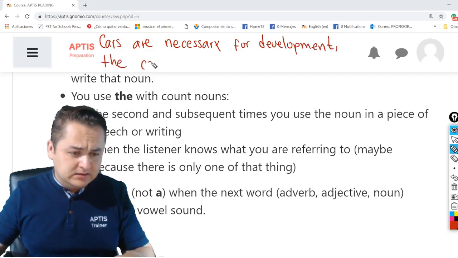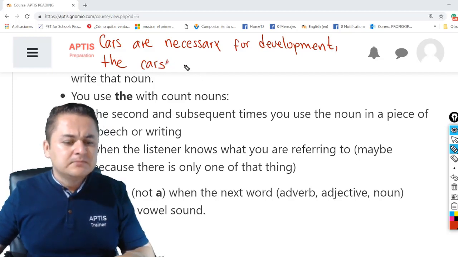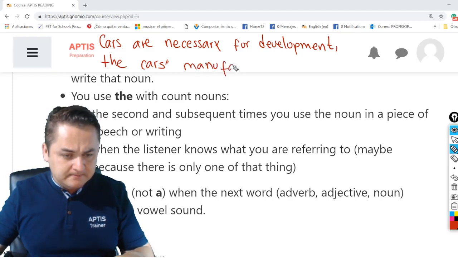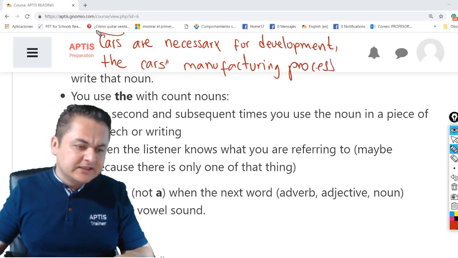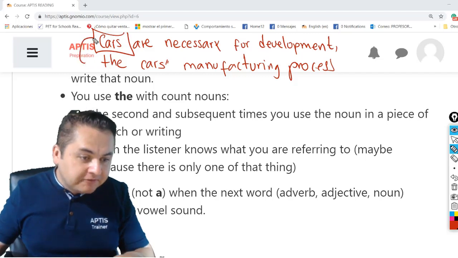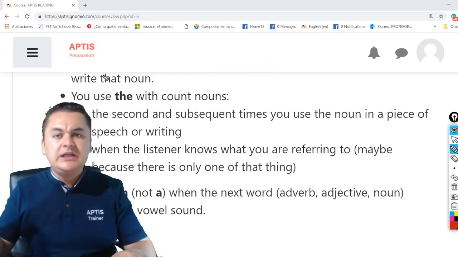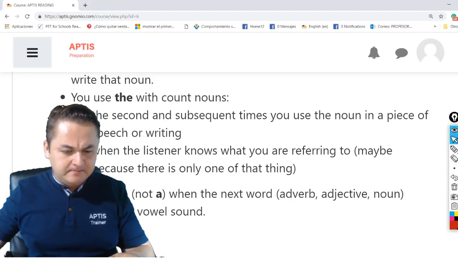The cars," say, "the car's manufacturing process." What I'm doing here is using the first noun without the article, but if I need to refer to that one again, I would need an article.